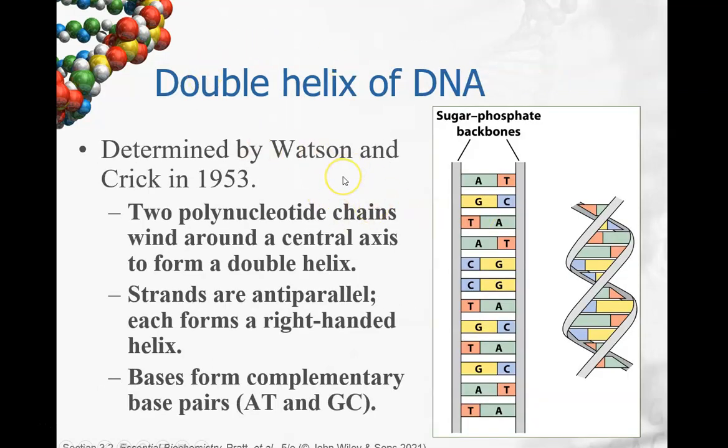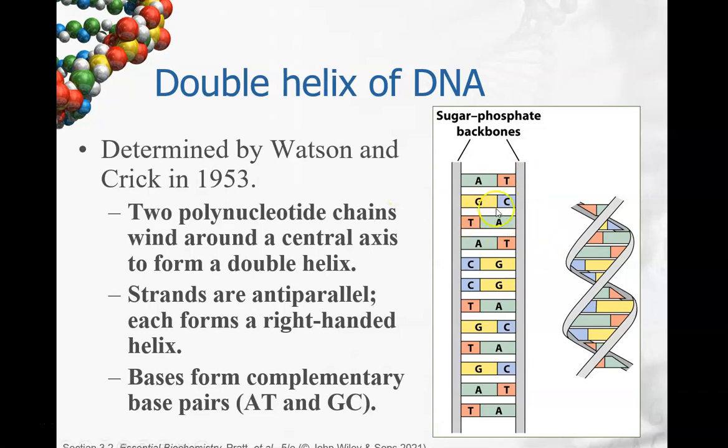So the double helix of DNA was determined by Watson and Crick in 1953, and they used X-ray crystallography data taken by Rosalind Franklin, who was working at King's College London with Maurice Wilkins at the time.